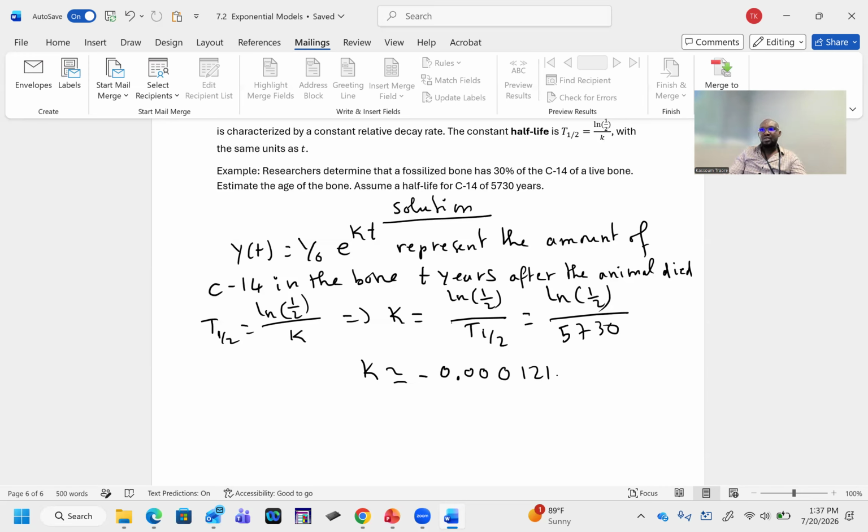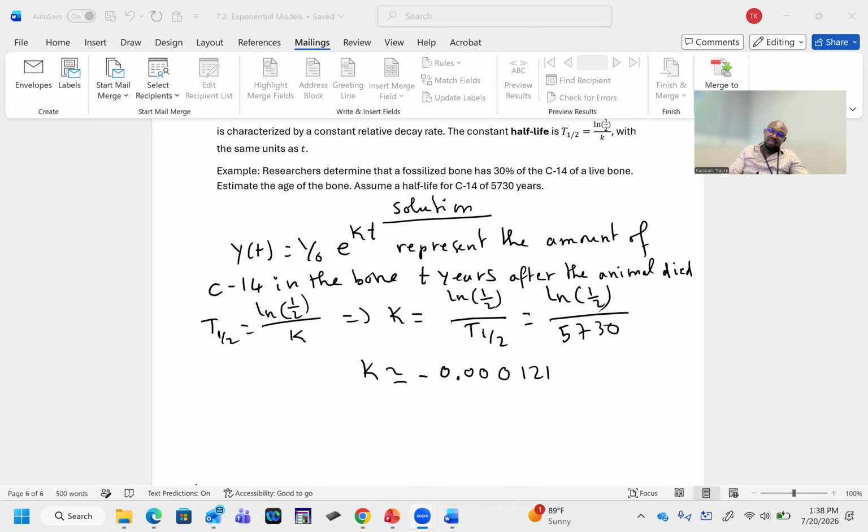If you assume the amount of C14 in a living bone is y0, the amount of C14 in the fossilized bone decays to 30% of its initial value, right?